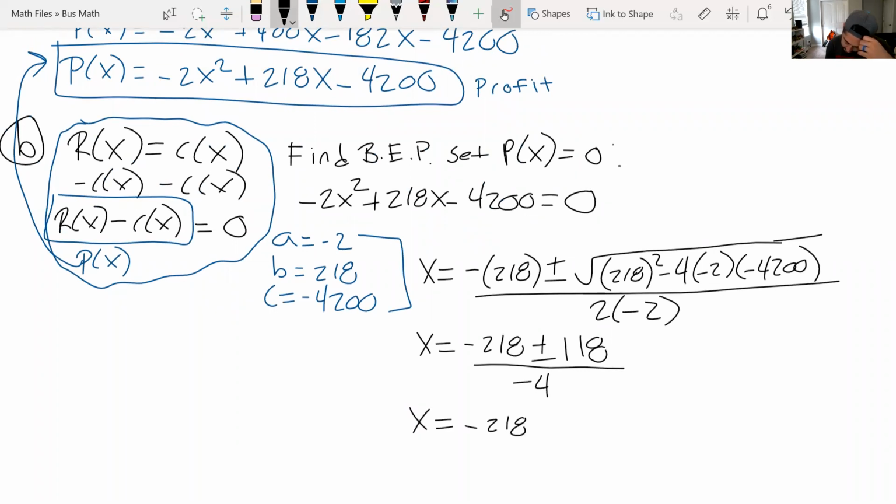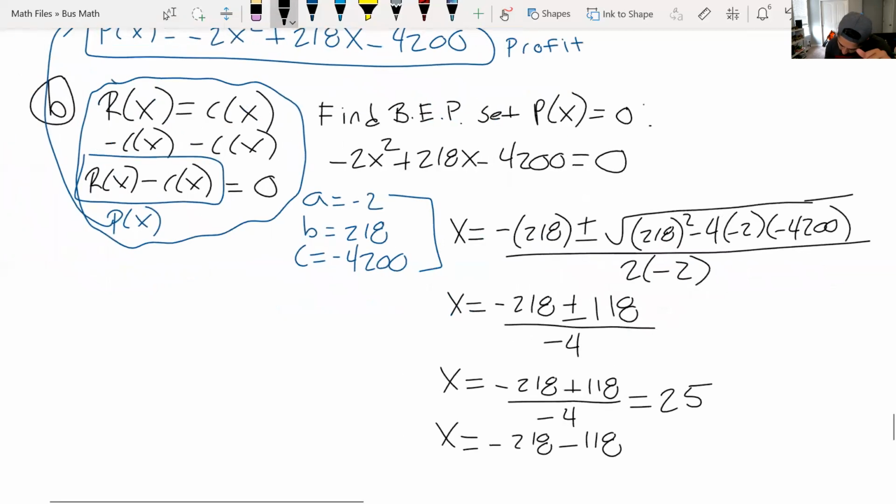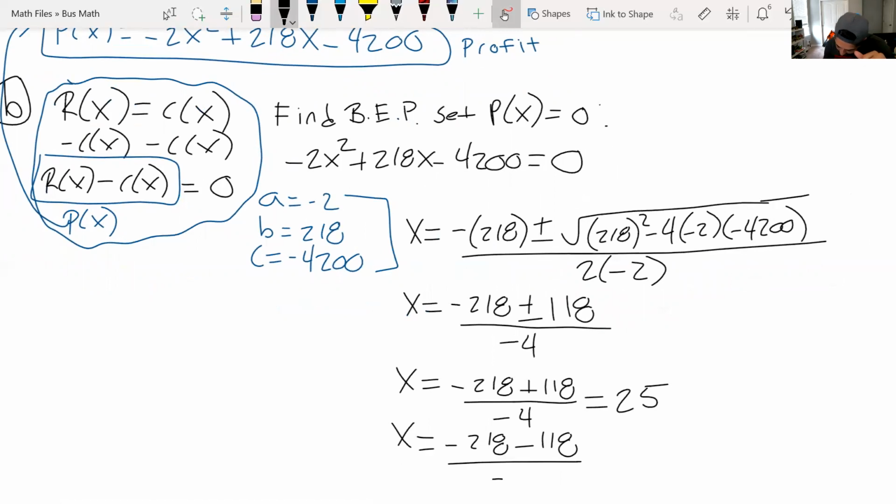X equals negative 218 plus 118 over negative 4. Negative 218 plus 118 over negative 4, I get 25. X equals negative 218 minus 118 over negative 4. Negative 218 minus 118 over negative 4. 84.